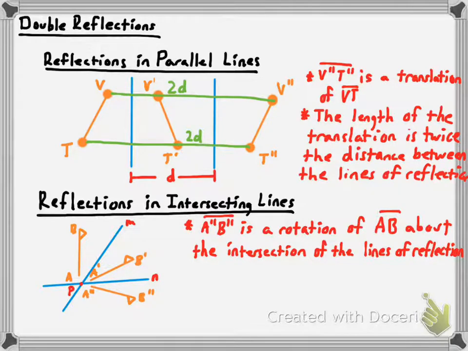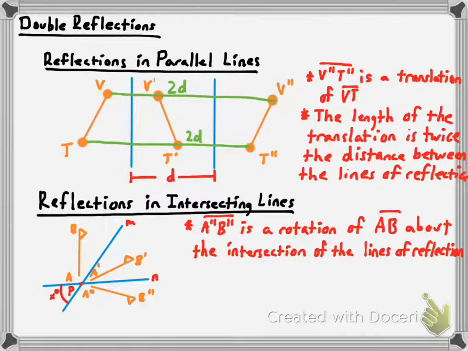It turns out if you measure the angle between the lines of reflection, and always measure either the acute angle or, if the lines are perpendicular, use the 90-degree angle, the angle of rotation that would map the original figure onto the final image would be twice the measure of the angle between those two lines of reflection.